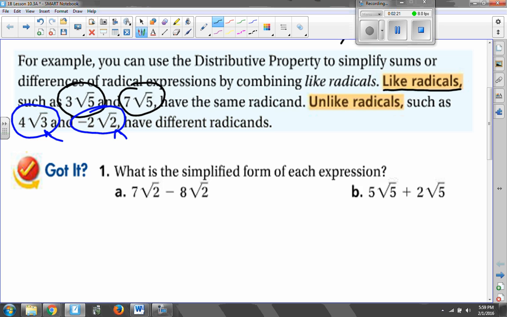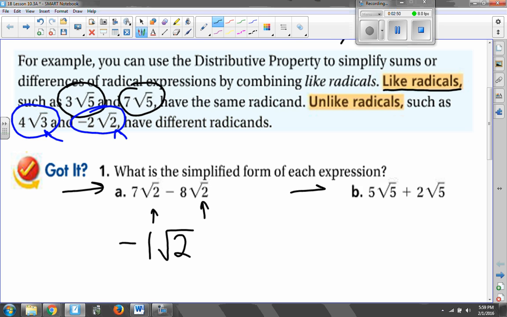So 7 square roots of 2 minus 8 square roots of 2, which is what I have here in letter A. If I want to subtract those two, I imagine that this square root of 2 here is like an x, and that one's like an x. 7 of them take away 8 of them. Well, 7 minus 8 is negative 1 of them, and I still have square root of 2. So it's negative 1 square root of 2, or just negative square root of 2.